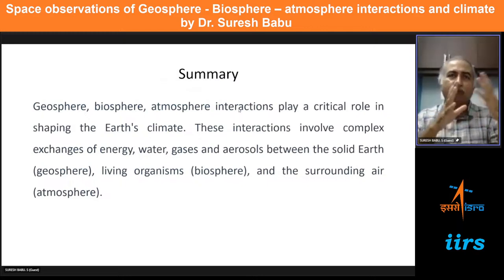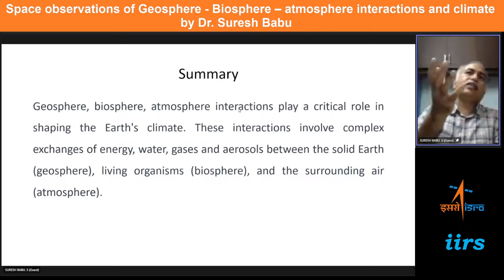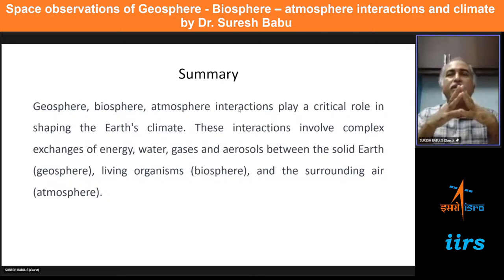These interactions involve complex exchanges of energy, water, gases, and aerosols between the solid Earth, living organisms, and the surrounding air, which is the atmosphere. And the essential climate variables, which are the reflection of all these processes, can be measured or observed using space-based observations of different missions.